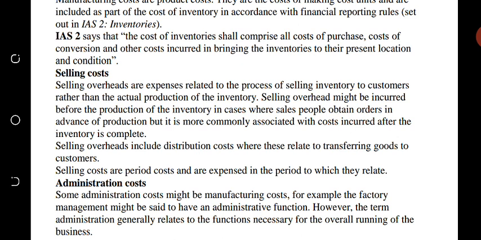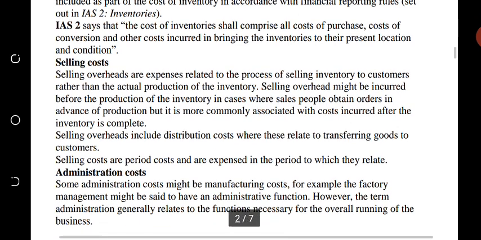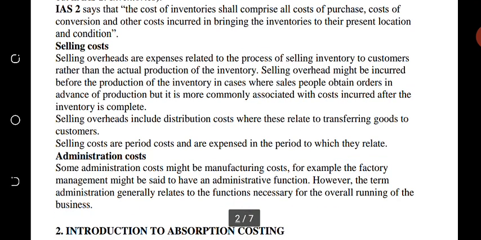So let's talk about selling cost. Selling overhead are expenses related to the process of selling inventory to customers rather than the actual production of the inventory.